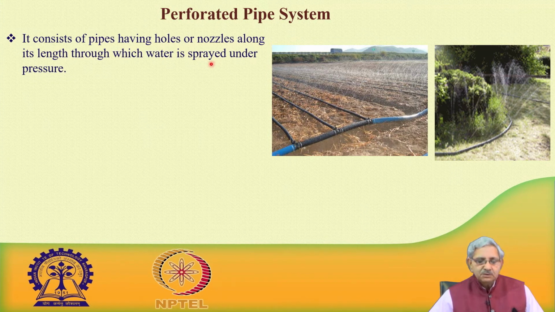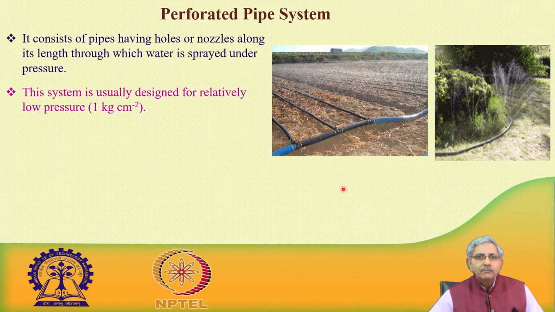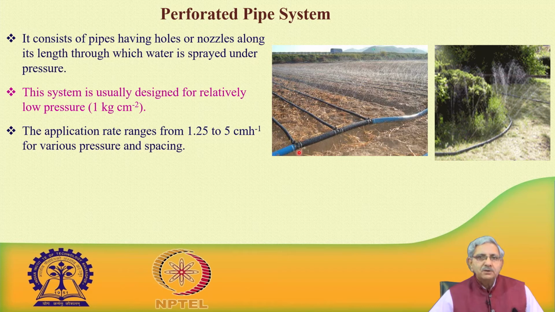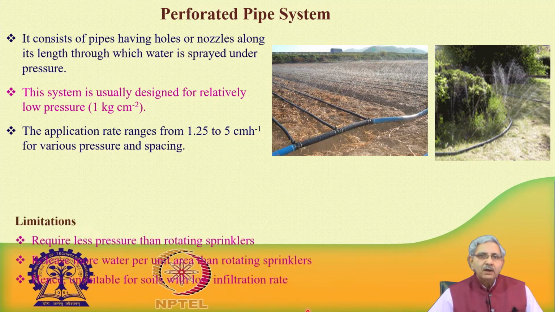The perforated pipe system is one of the systems. It requires low pressure, and normally such systems have holes made in the pipes. It operates at low pressure, and the application rate for such a pipe system is between 1.25 to 5 centimeter per hour.